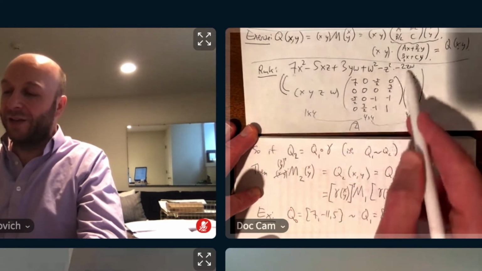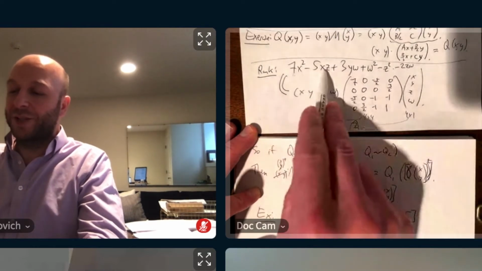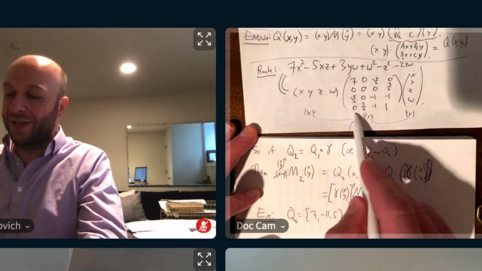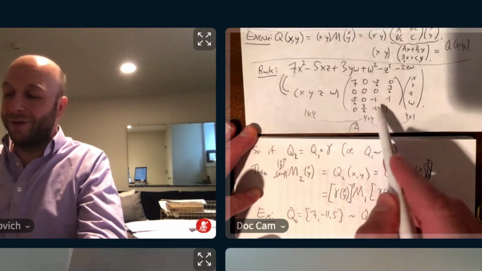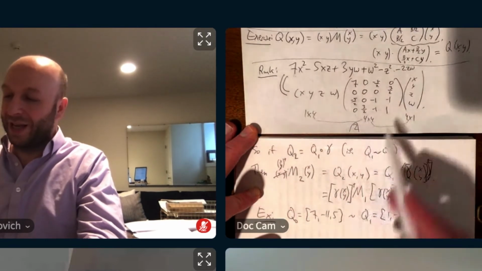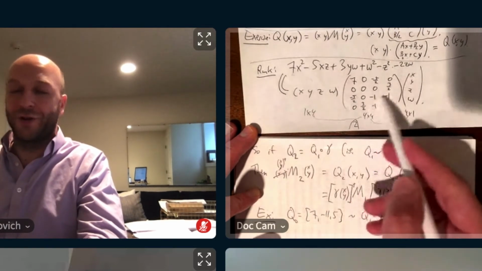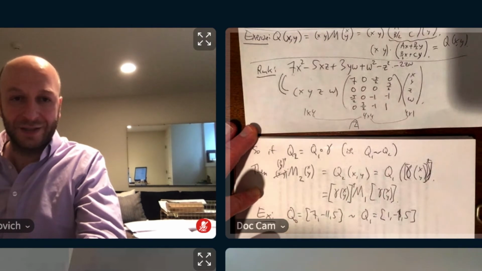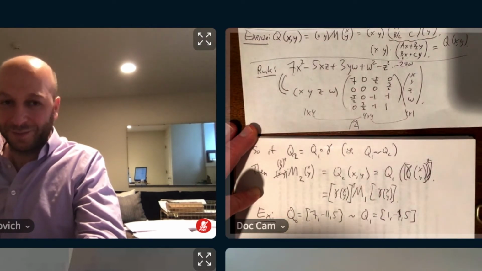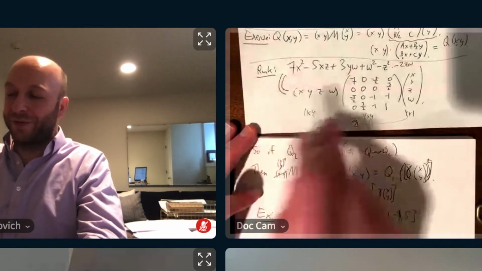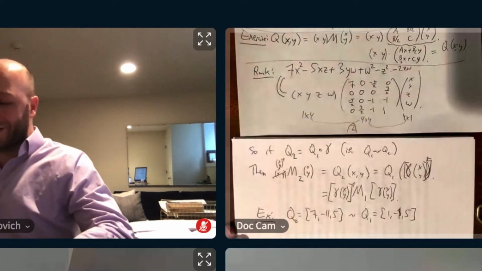And then the off diagonals are the cross terms: the xy, xz, xw, yz, yw, and zw. To make it a symmetric matrix, you take half of the coefficient and put it there twice. Okay? Try this as an exercise if I went a little too fast here.